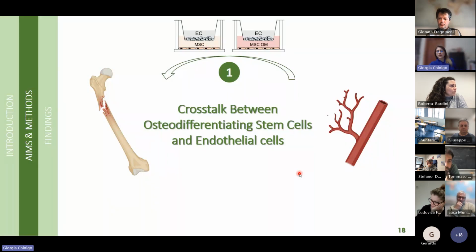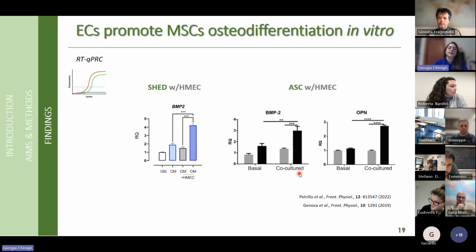And what we found, by performing real-time qPCR on mesenchymal stem cells, both SHED and ASC, is that in the presence of endothelial cells, as you can see from this graph, we have a significant upregulation of the genes that are associated with osteodifferentiation, like bone morphogenetic protein 2 and osteopontin, meaning that the presence of endothelial cells promotes the osteodifferentiation of mesenchymal stem cells.